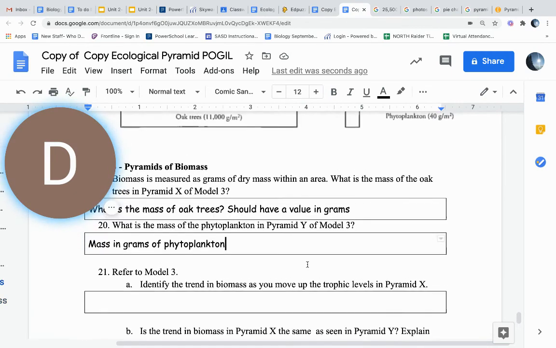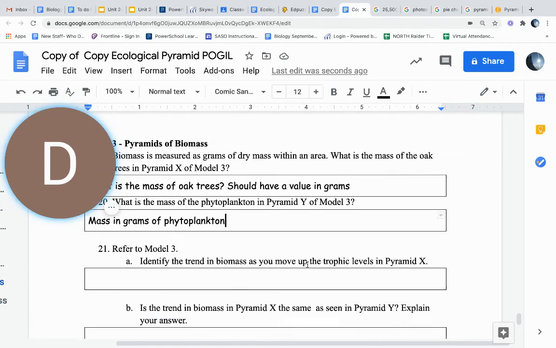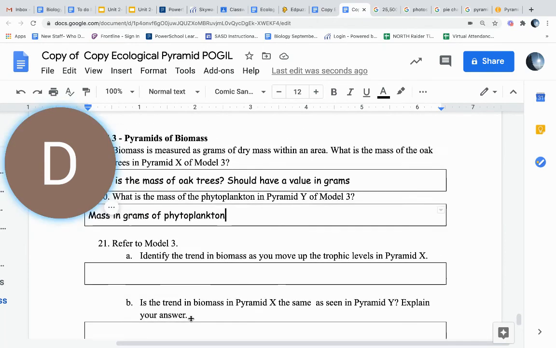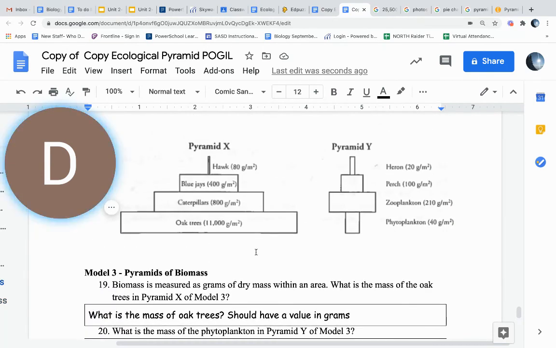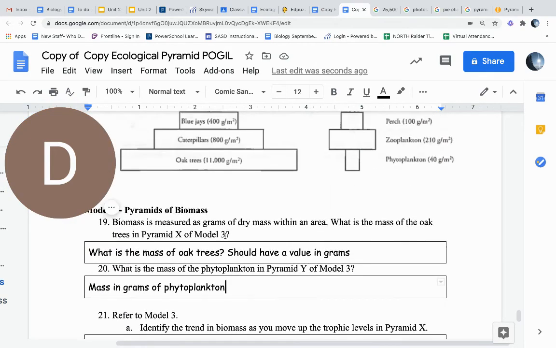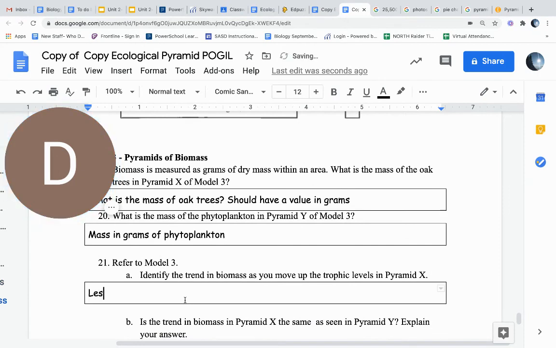Identify the trend in biomass as you move up the trophic levels in X for this one, and then the trend in Y. So the trend in X, what's happening as we go up? Notice these boxes are getting smaller, less and less biomass as we go up the trophic level.